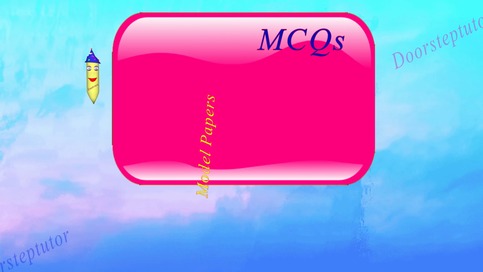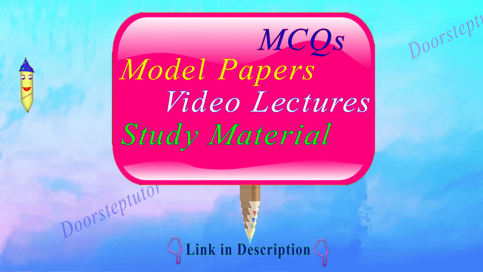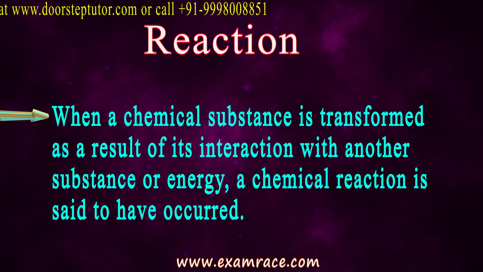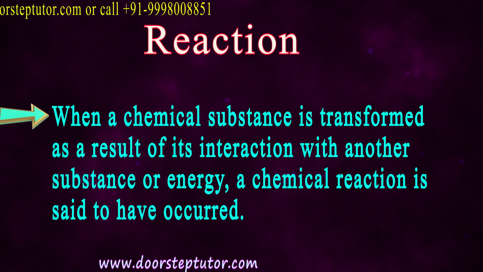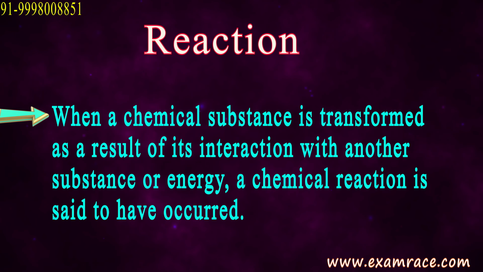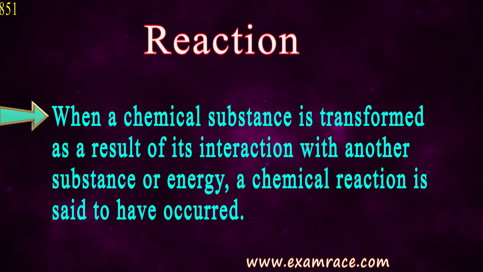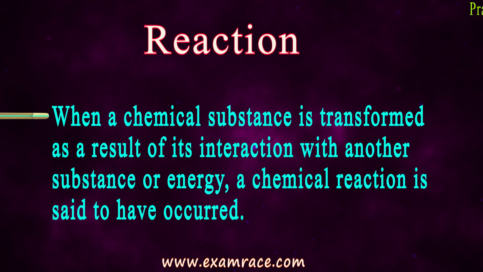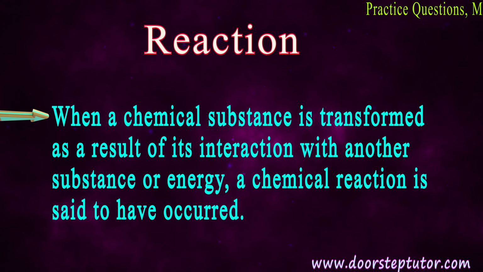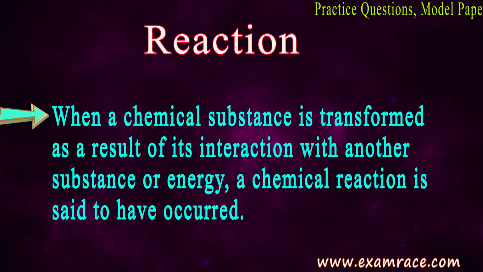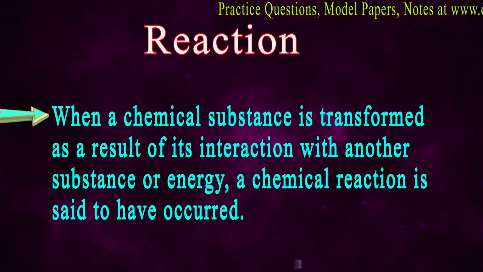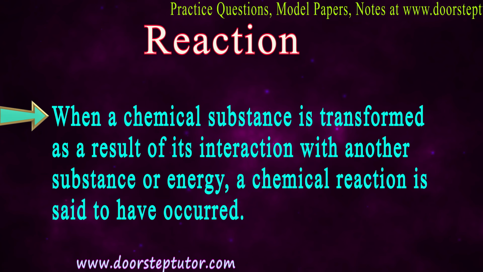Now let's study further about the chemical reaction. So after listening to all this, how can you say that you have seen a chemical reaction occur? When a substance is transformed into another substance, or one kind of energy into another kind of energy, by some interaction, then we say that a chemical reaction has occurred.